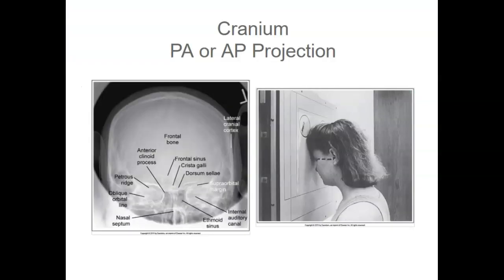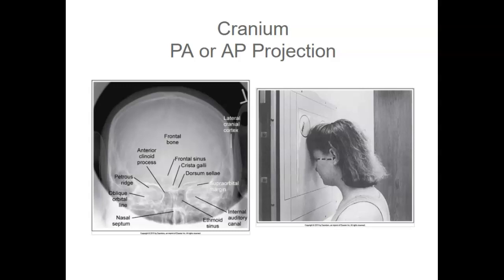So let's review the image analysis guidelines for the cranium and mandible PA or AP projection. Image analysis guidelines for the cranium state that the distances from the lateral margin of the orbits to the lateral cranial cortices on both sides should be equal.